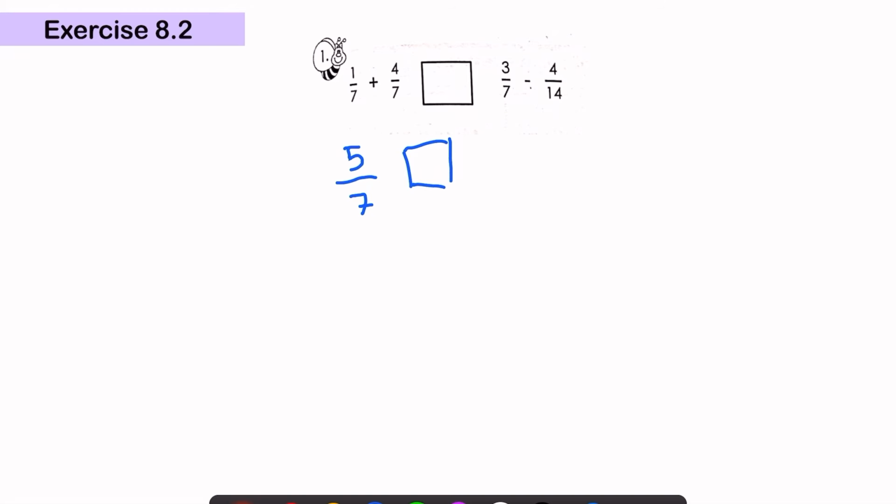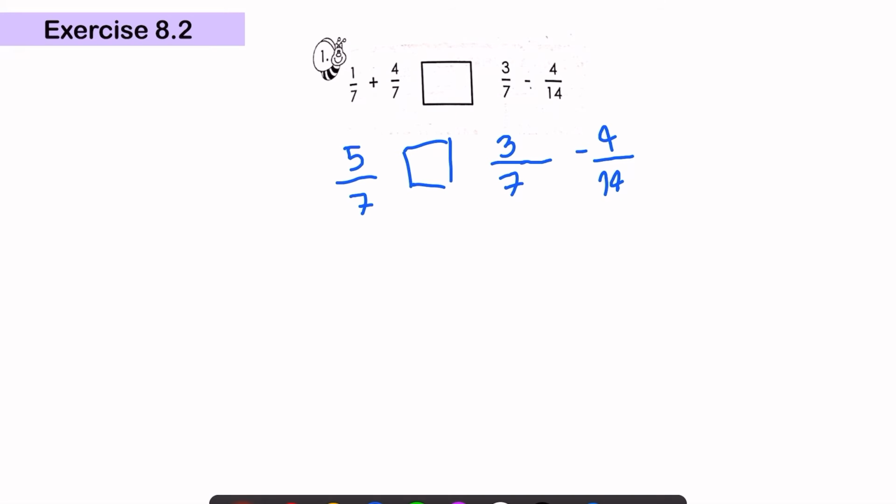And what about 3 over 7 subtract 4 over 14? Can you see? Check the denominator. They are not equal, right? We have 7 and 14. You need to make them equal by multiplying, remember? So 3 over 7 minus 4 over 14.